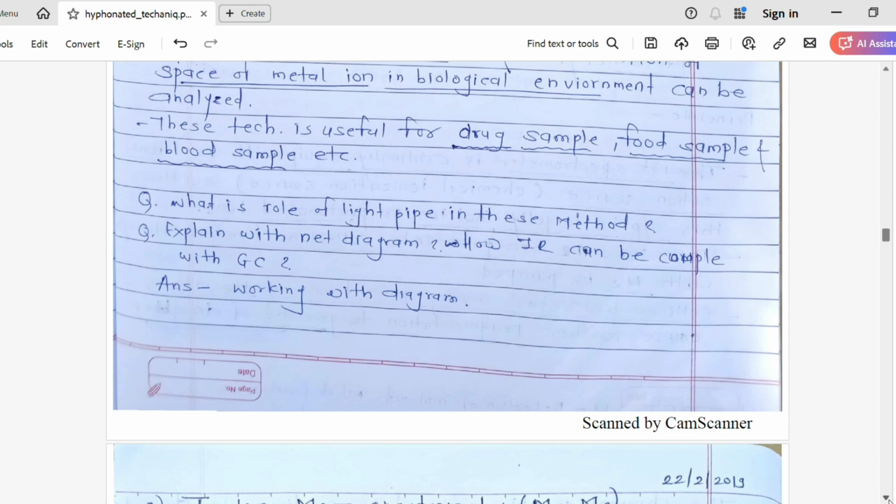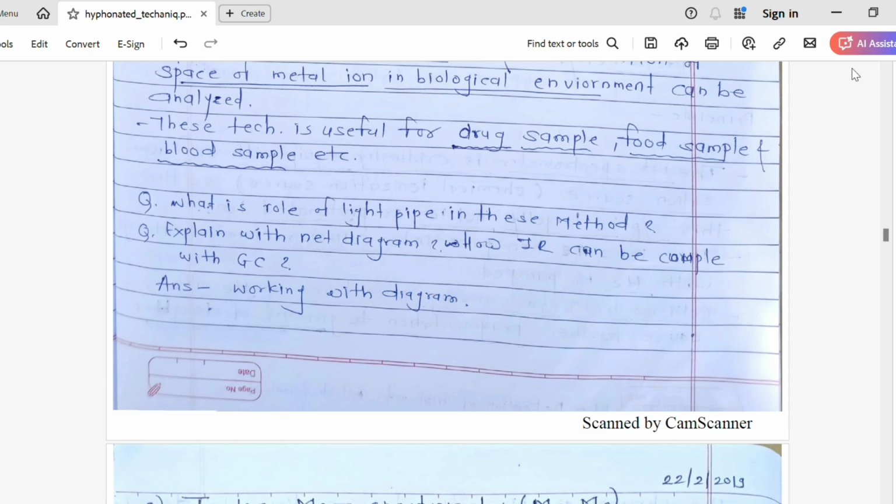Drug analysis, food samples, and blood samples can be detected with the help of the GCIR technique. Coupled GCIR techniques are very important. Nowadays, all industries use these hyphenation techniques for better results and less time consumption.